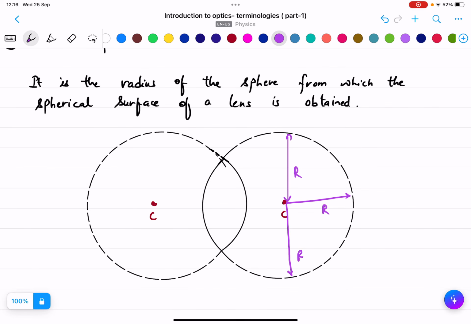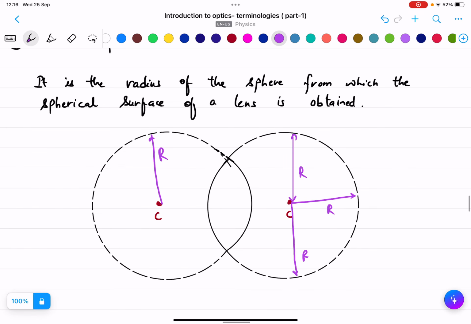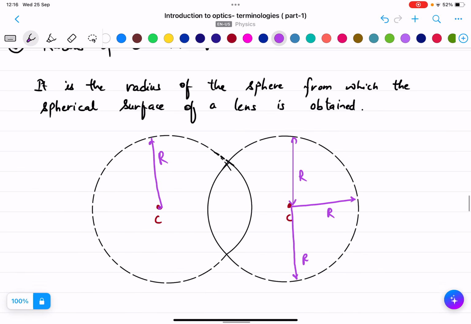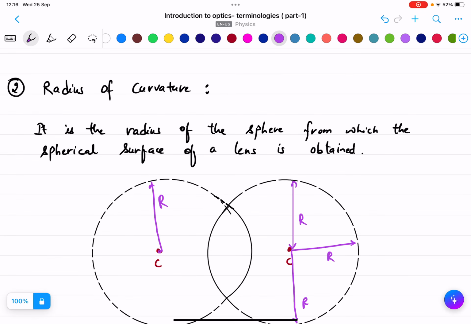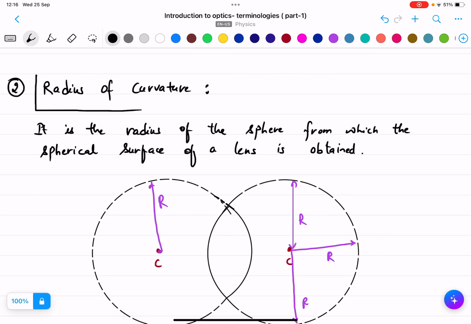Anything from the center is the radius. You all know, if this is a center, then it is a radius, and this whole is a diameter. So this is your radius of curvature. The definition is mentioned here: it is the radius of the sphere from which the spherical surface of a lens is obtained. So this is your radius of curvature.